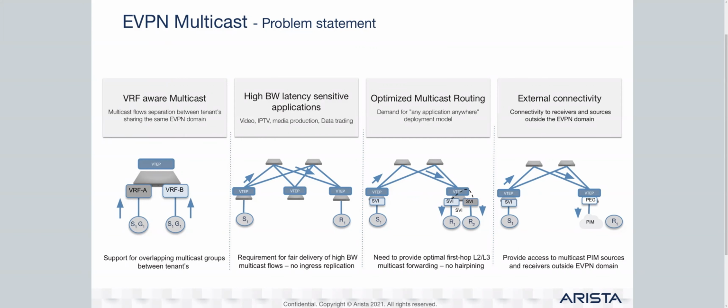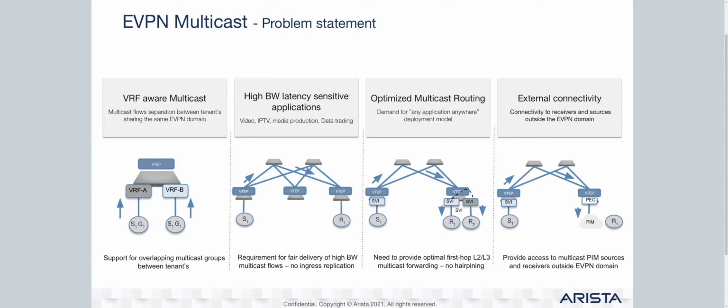A key point as well is that in the context of a data center, the multicast applications themselves, whether it be video, IPTV, or even data trading, are either very high bandwidth, as you can imagine if it's IP media, or they have to be delivered in a fair manner.